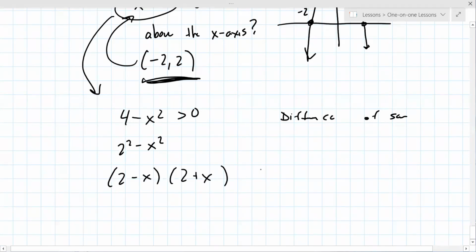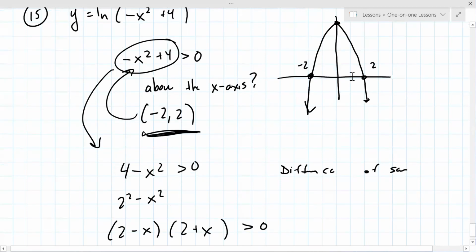Yeah, I think I do. You factor it all out. And you realize that these two values are negative 2 and 2, and it's either between them. Like in this previous problem, see how it was between the two numbers, but it could also be outside of them. Let's set those equal. Oh, okay.